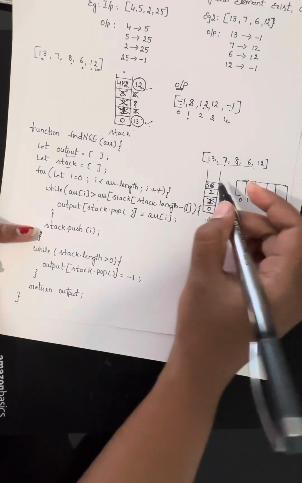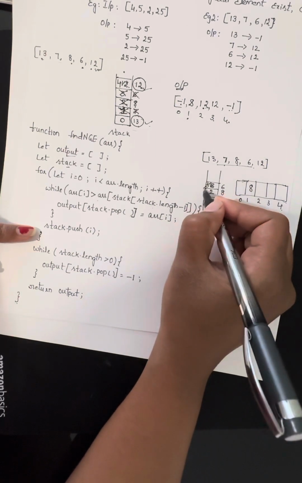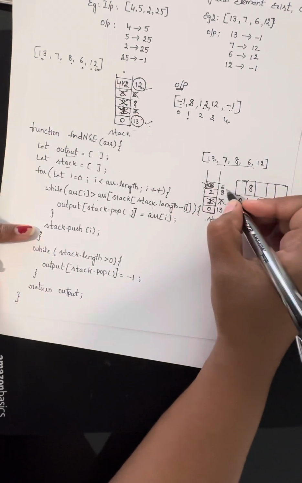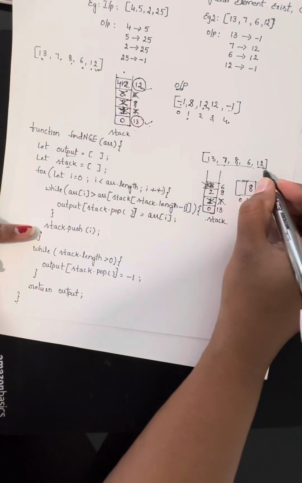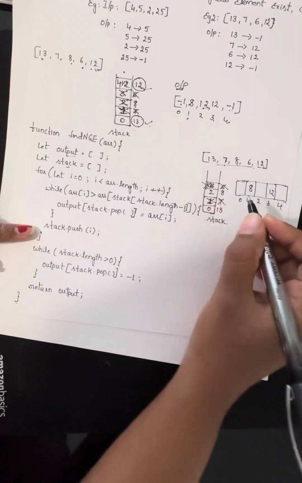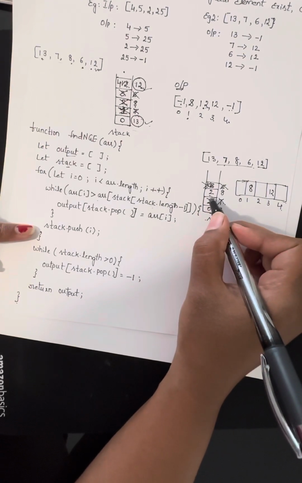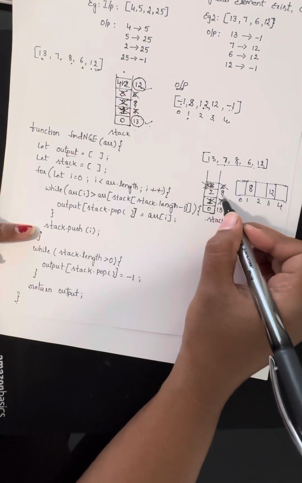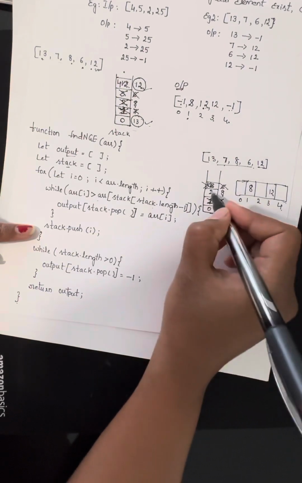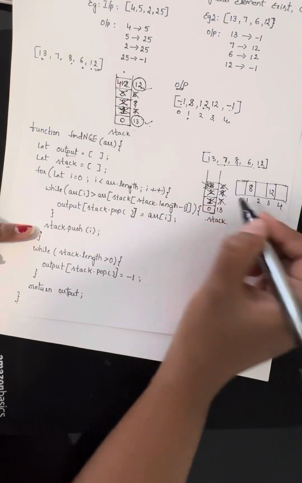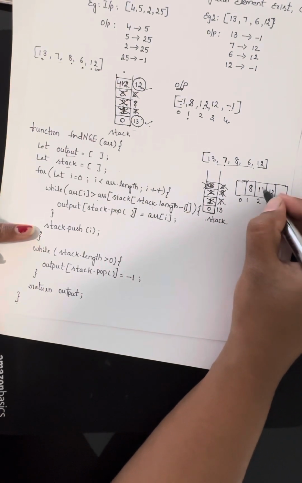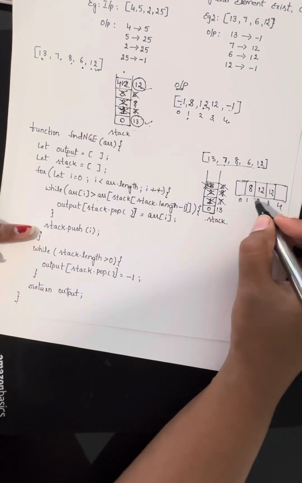It is greater, so we pop out the last index, and at index 3 we put the current element, which is 12. Now the next element in the stack is index 2. At index 2 we have 8, and 8 is less than 12. So we pop out this one, and at index 2 we put 12 in the output array.